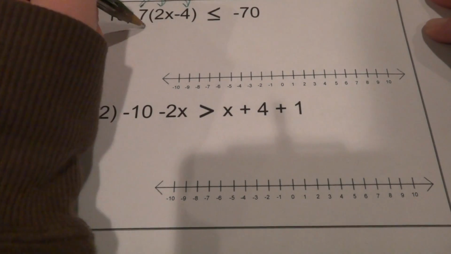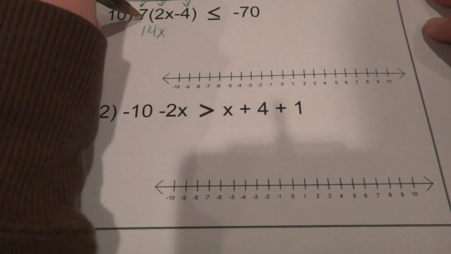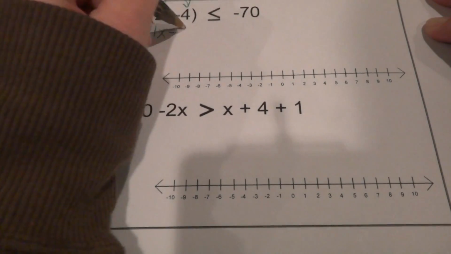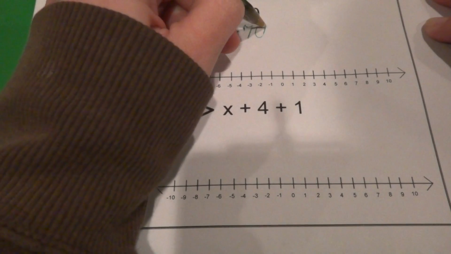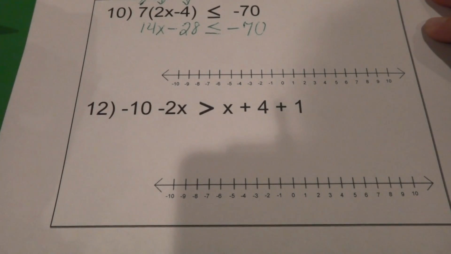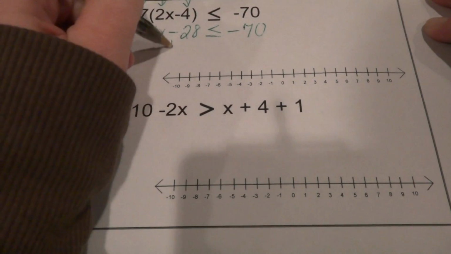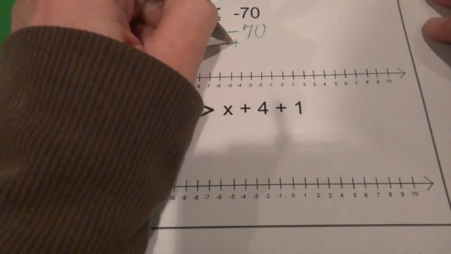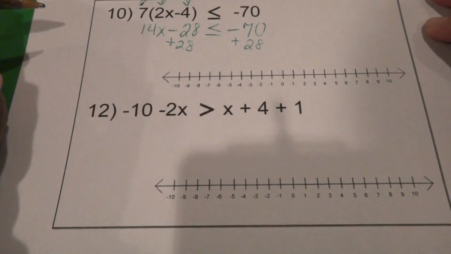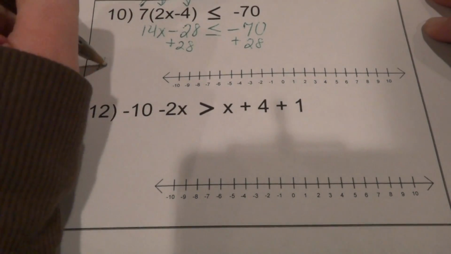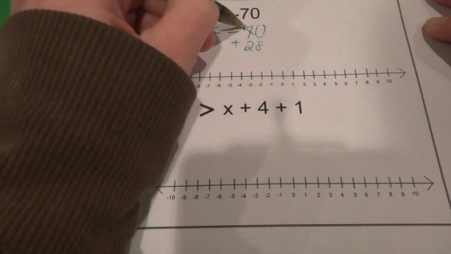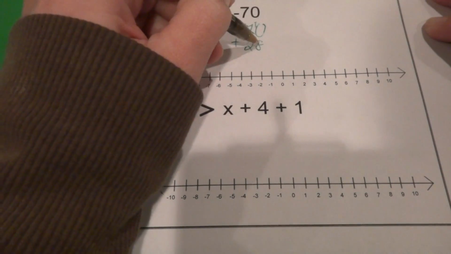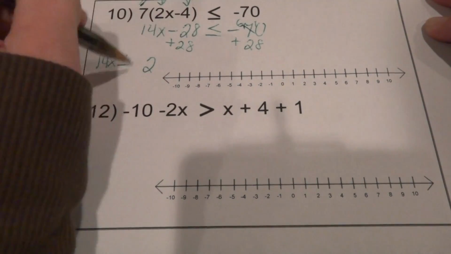So 7 times 2 is 14x, and 7 times negative 4 is a negative 28, is less than or equal to negative 70. All right, my next step is to add 28 to both sides because I want to get the x term all by itself. So I'm left with 14x is less than or equal to -42.